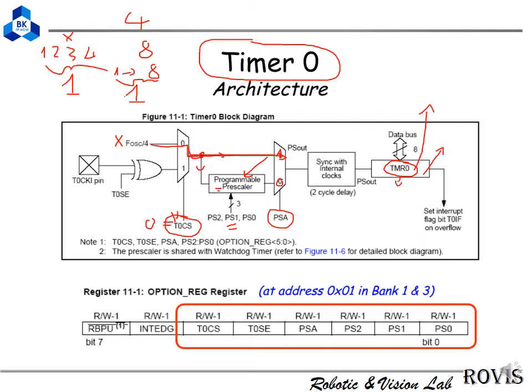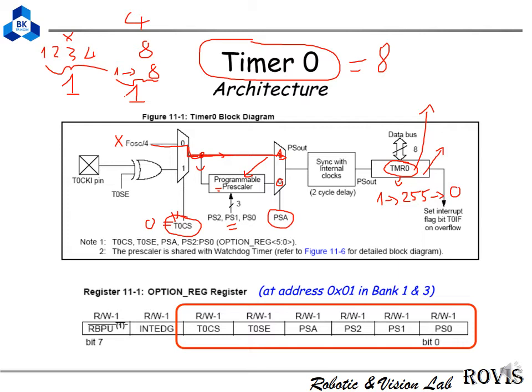So TMR0 will increase from 0 to 255 because the timer is 8 bit. When it increases beyond 255, it will go back to 0.